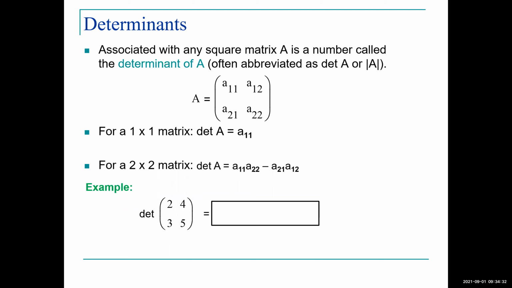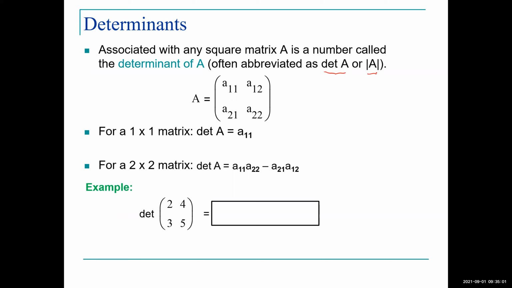The determinant is associated with any square matrix A. It's a number called the determinant of A, which is often abbreviated with D or DET A, or with this symbol. Here we have an example of a 2x2 matrix with 4 elements. Their names are based on the location in the matrix, so A11 for the first element and so on.